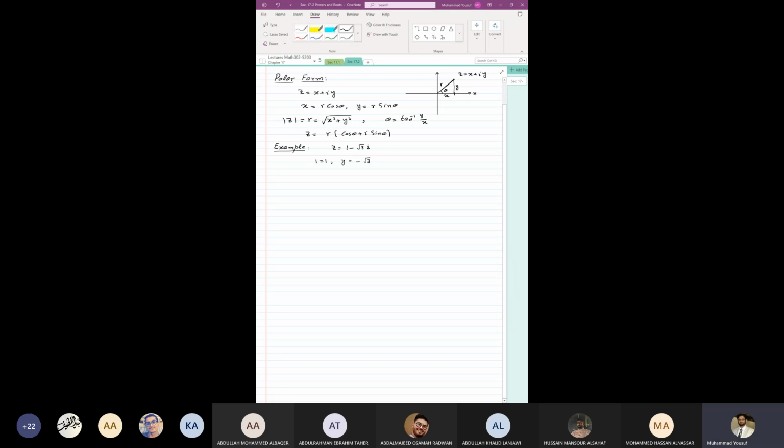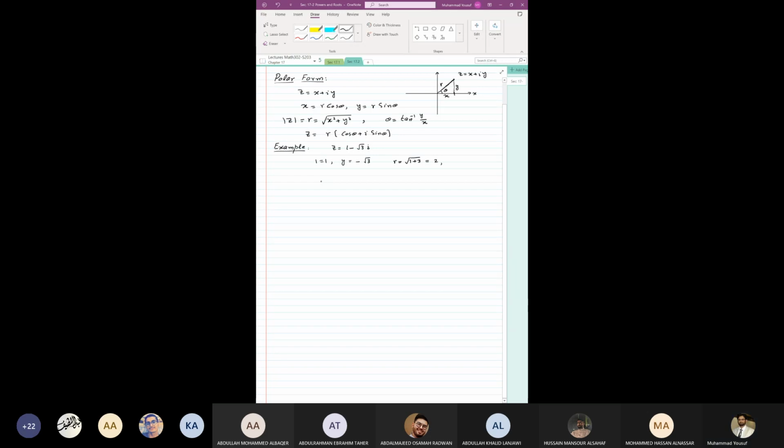This is in quadrant number 4. R is equal to the square root of 1 plus 3, which is equal to 2, and theta equals tan inverse of negative square root 3 over 1. Okay, now maybe you don't remember what the tan inverse of negative square root 3 is.